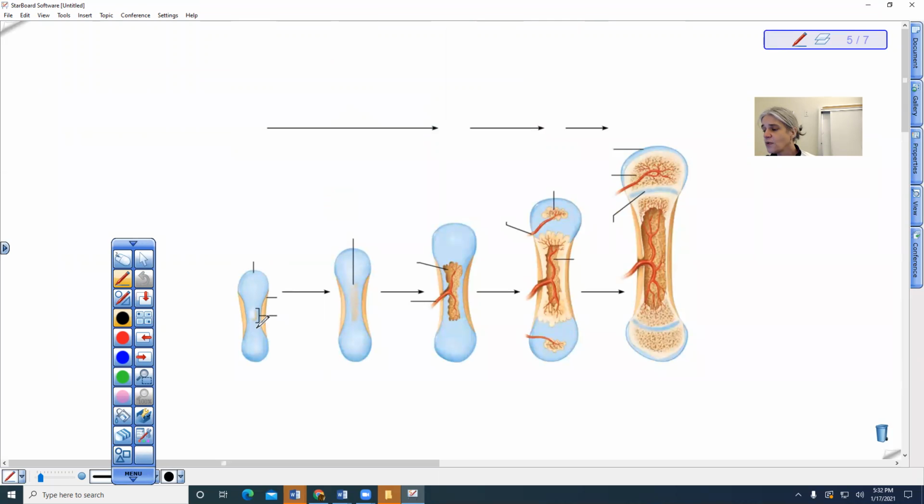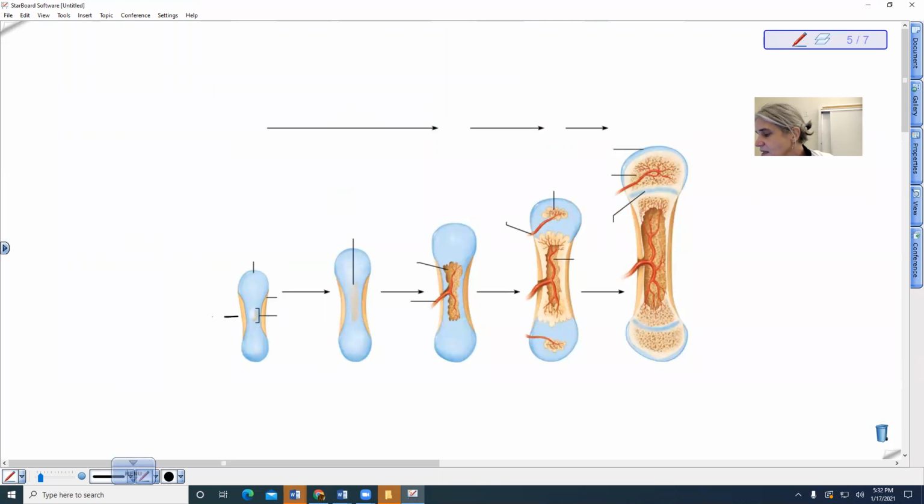And so a bony collar forms first. So this is my bony collar. The chondrocytes in the matrix of the hyaline cartilage turn into osteoblasts, and they start producing bony matrix. So this is my bony collar right there.